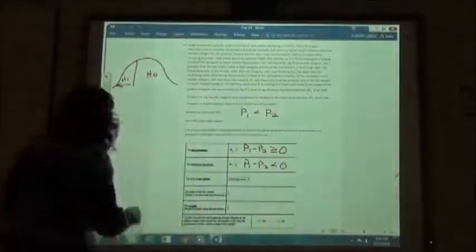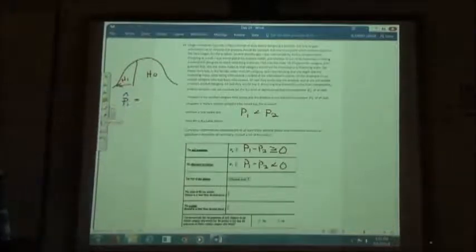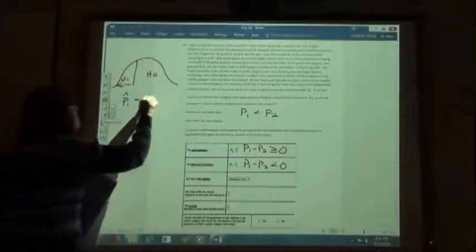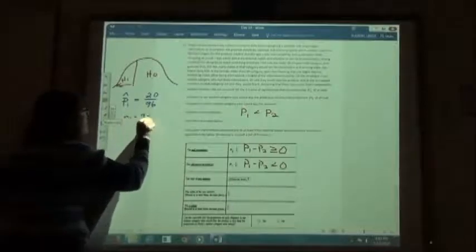So again, we have to have all our proportions and fractions and all of that fun stuff. My proportion for the first sample, for the males: 20 out of 96, which means n1 is 96.